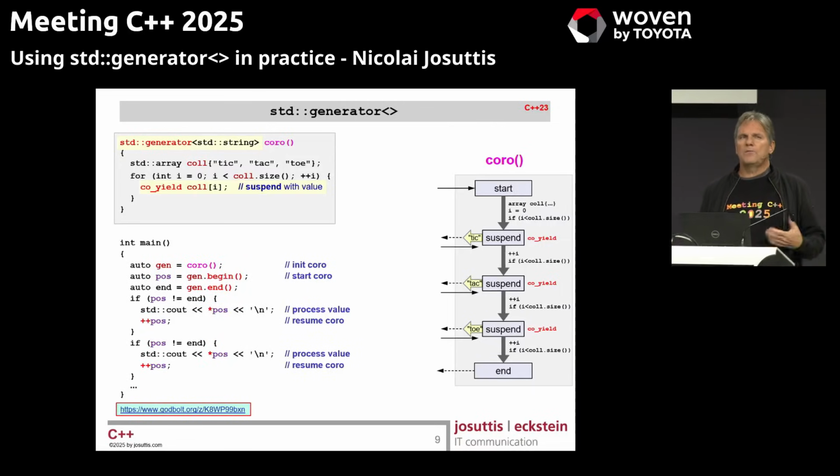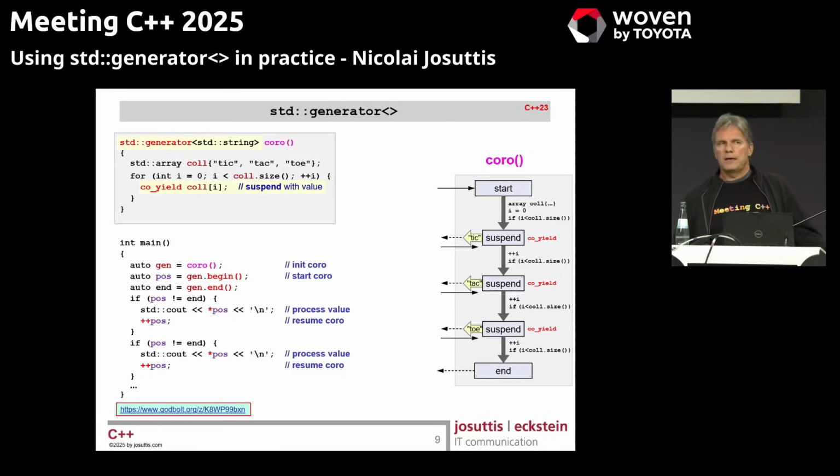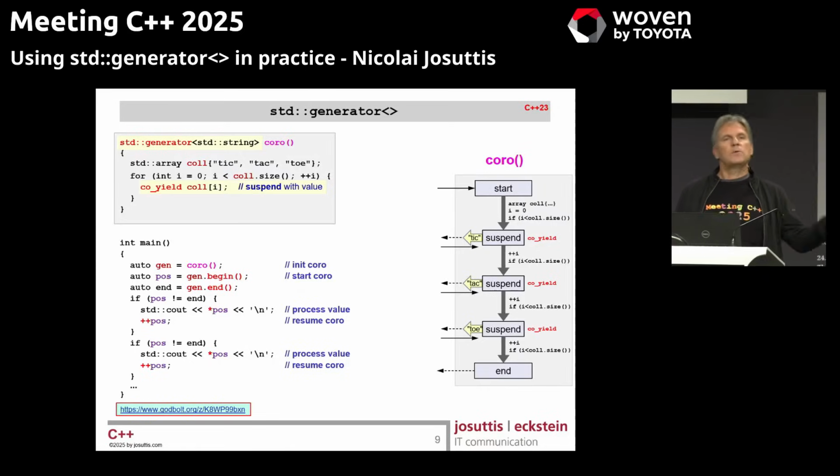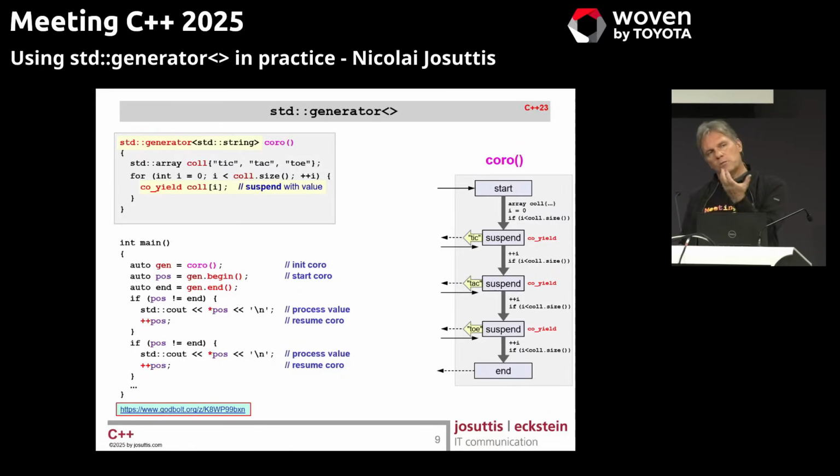If we go step by step into what a range-based for loop would do here, it would iterate over this coroutine by initializing the coroutine, then calling begin, initializing end, and then iterate while we are not at the end. And whenever we want to access the value, we use the star operation.